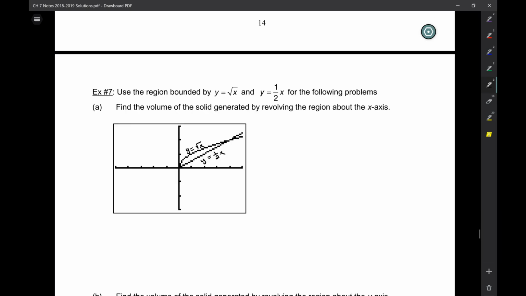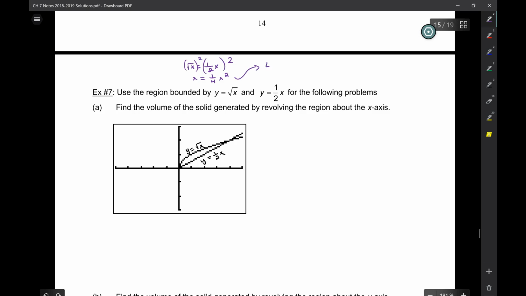Okay? So let's take a look at where these two meet, right? So it's the point where root x is equal to half x, right? And now if I square both sides, x is 1/4 x squared. Oh, it's 1/2 x, and then I squared it. So now if I multiply both sides by 4, 4x is x squared.